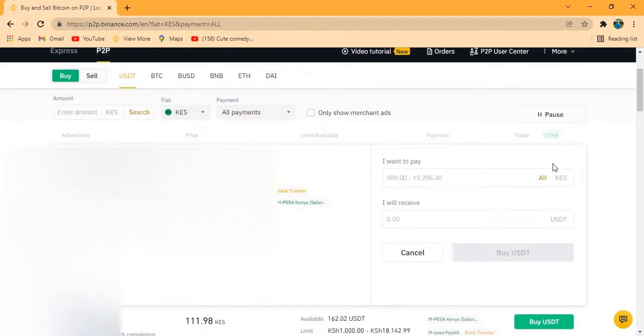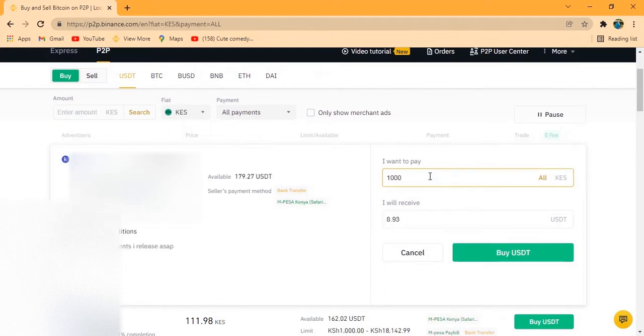Assume I want to buy 1,000 Kenya shillings, I have to consider the seller's completed orders, and with 98% delivery, that's good. If you click buy, you will receive 8.93 USDT to your account. I'll click buy so you can see what you have to do here.